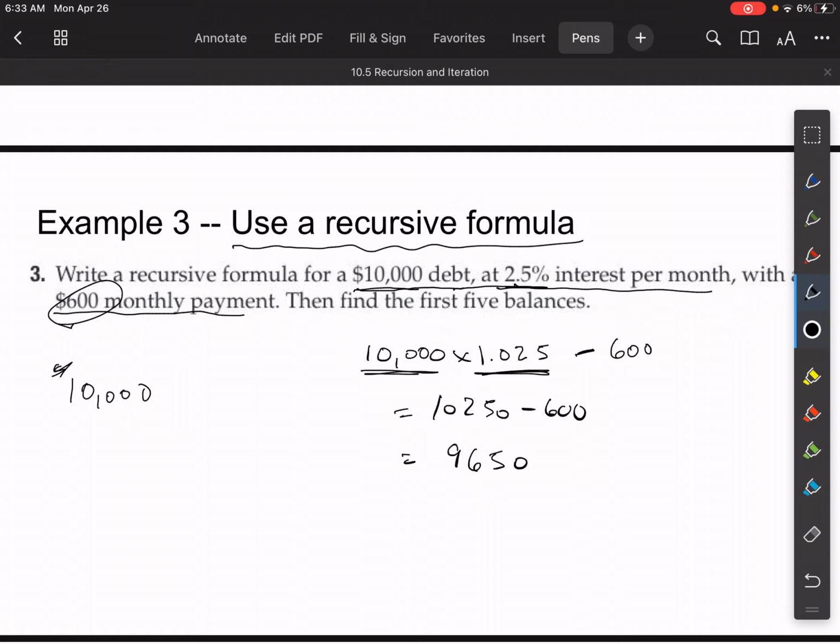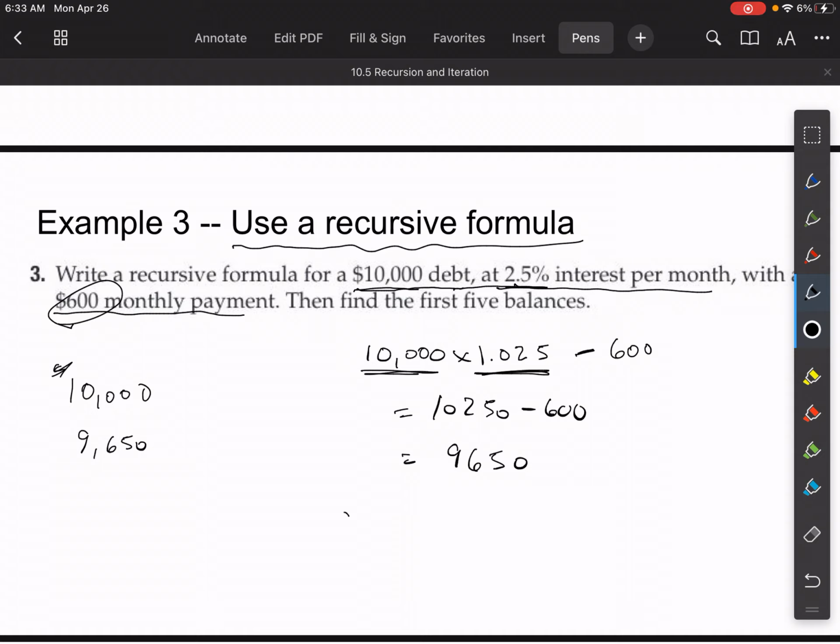Okay, so to find my next one, and you can actually program an Excel sheet or something like this to do these calculations for you. You put the calculation in once, and then drag that cell down, and this will tell you your payments for the whole life of the loan. So if you just know this basic math, you can do that. Very simple. So at the end of month 2, we have a $9,650 balance.